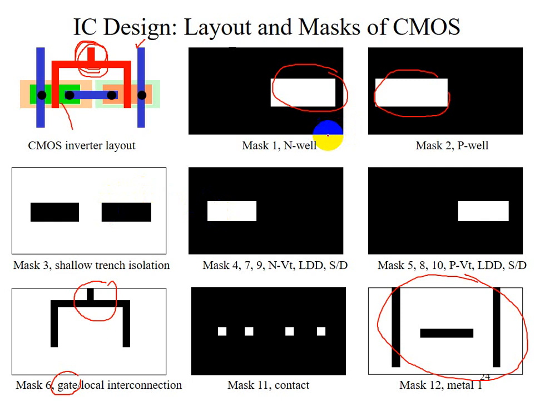So you have different masks: 1, 2, 3, 4, 5, 6, 7, 8. You have 8 masks here. Each of the masks may have several applications, and you may need to apply them in different areas. So to create this CMOS, you require a minimum of 8 masks to produce an IC.